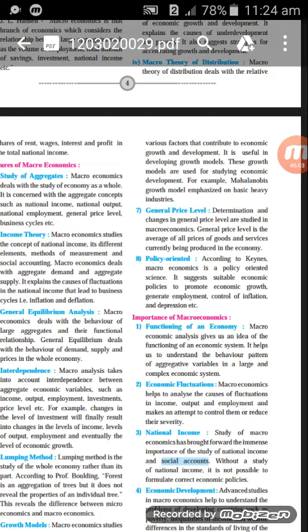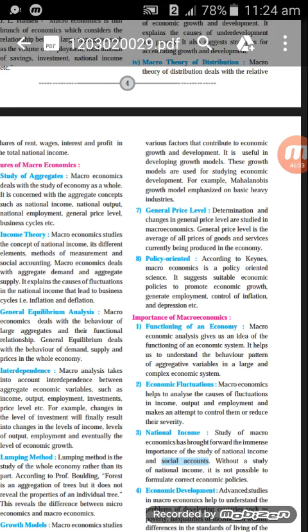So it is useful in developing growth models. These growth models are used for studying economic development. Example, Mahalanobis's growth model emphasizes the basic heavy industries. So there are certain theories that have been propounded, and accordingly the growth model has been adopted by the various national economies at the central level, at the state level, and accordingly they are following that.